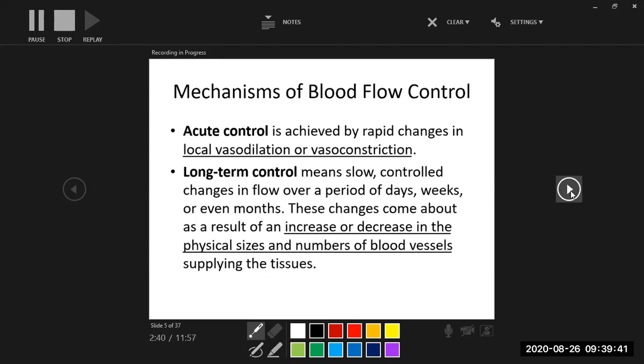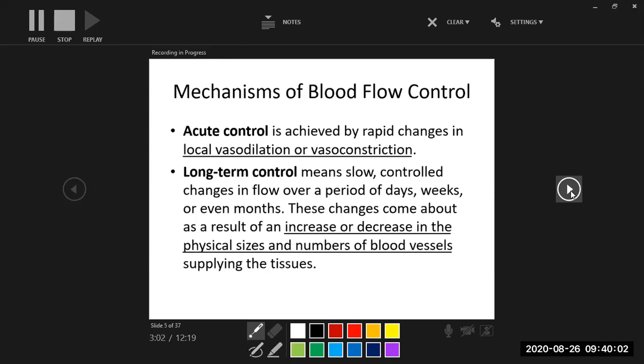That response takes days, months, or even years to produce those long-term changes. So we have the acute response and the chronic response to locally control the blood supply.